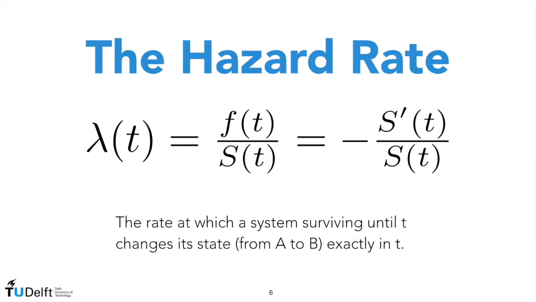Now, it's easy to see that the density can be written as nothing more than minus the derivative of S of t with respect to t. Remember that S of t is 1 minus capital F of t, and this is the way in which we represent the hazard rate.